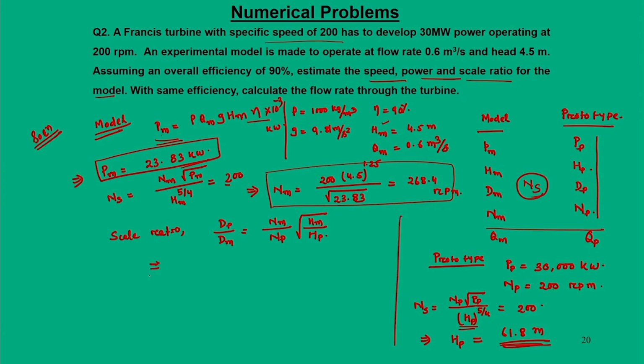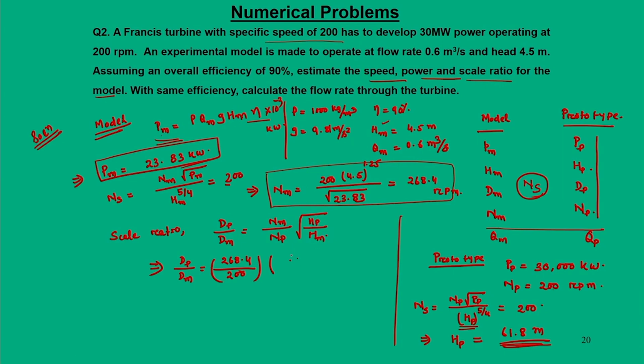Now, from this expression we can calculate dP by dm, that is scale ratio. Nm is 268.4 divided by Np is 200 into, model HM is 4.5, sorry, this is HP and HM.